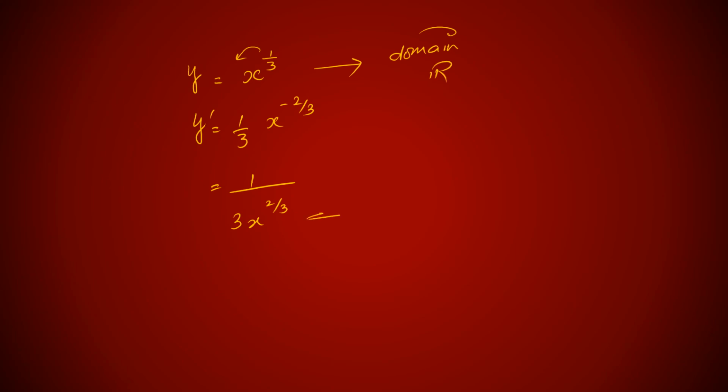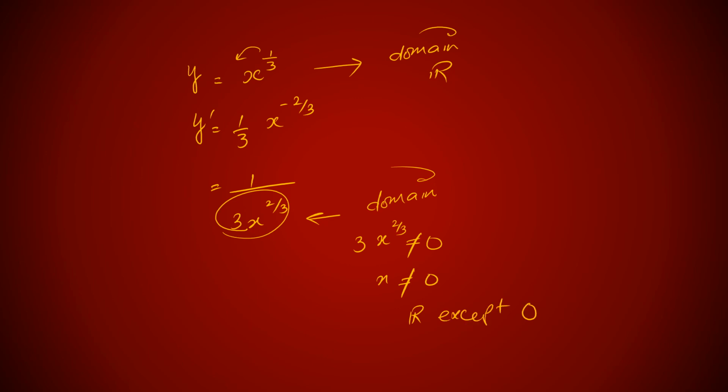But if we write the domain of the derivative, you will see that it becomes a rational function, which means that x to the power 2 by 3 should not be equal to 0, and hence x should not be equal to 0. This means the domain is all real numbers except 0, which means the derivative is not continuous at 0, and hence the function is not differentiable there.